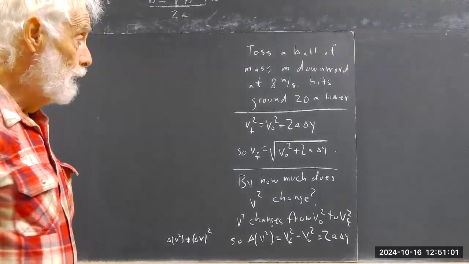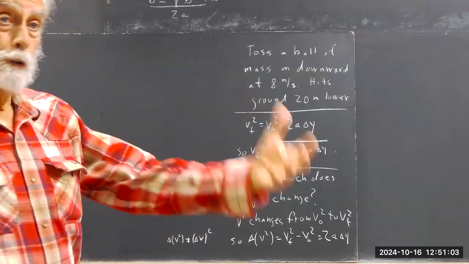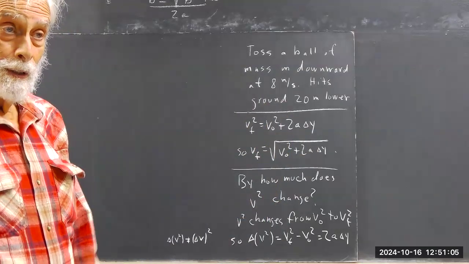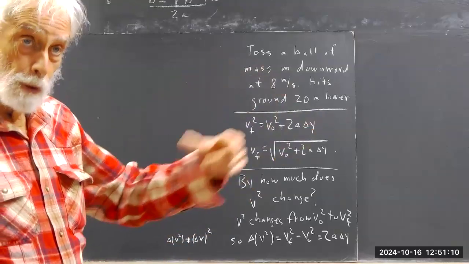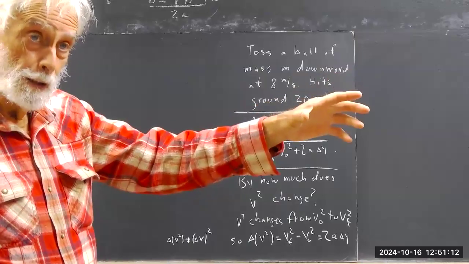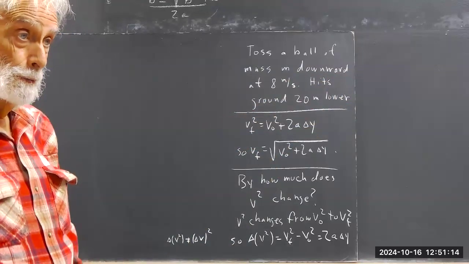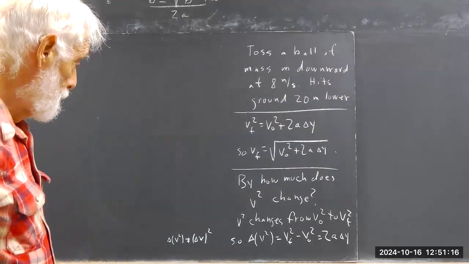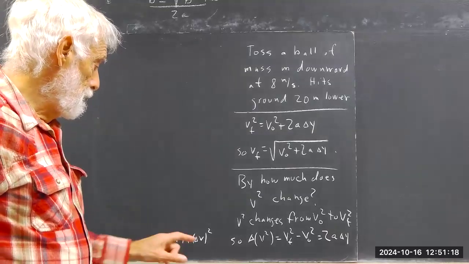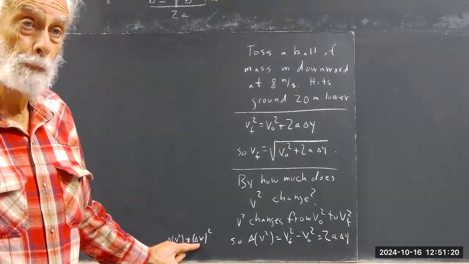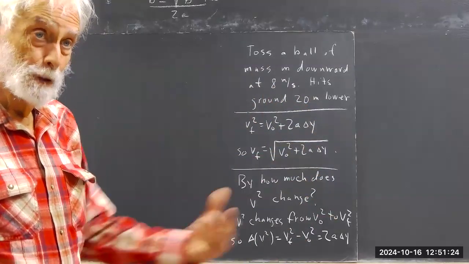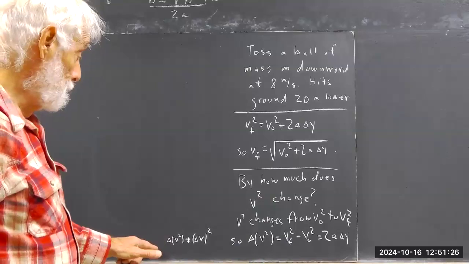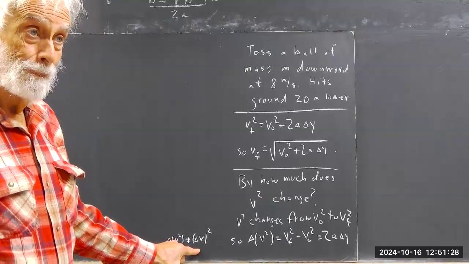If your velocity went from, say, 10 to 30 meters per second, then v squared would go from 100 to 900 meters squared per second squared. It'd be a change of 800 meters squared per second squared, right? If you take your delta v, it's 20 meters per second, 10 to 30. In the square, that's only 400 meters squared per second squared. So this would be very different from this.